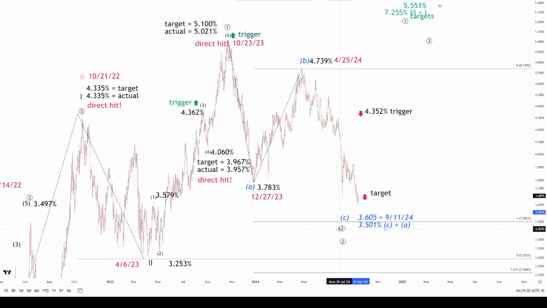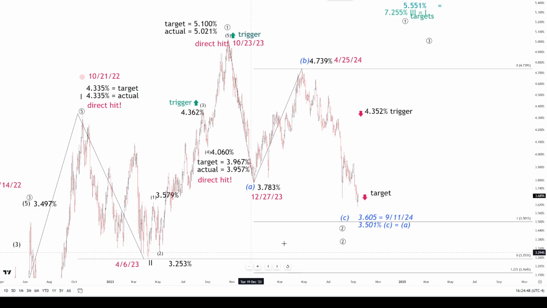Once this wave 2 is complete, we're going to get wave 3 up, this 3 with a circle, and it should go above the wave 1 high, which is 5.021%. So enjoy the low rates while they last. Where is this wrong? You always ask yourself, where is this wrong? This 2 cannot go lower than the start of wave 1, which was down here at 3.253%.